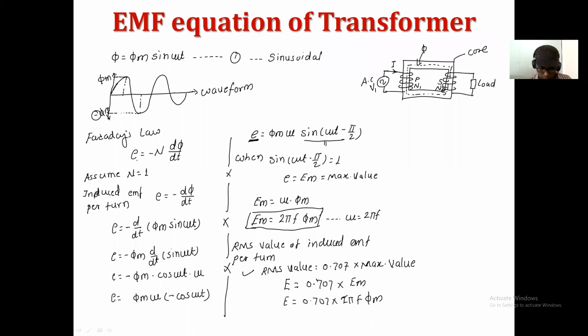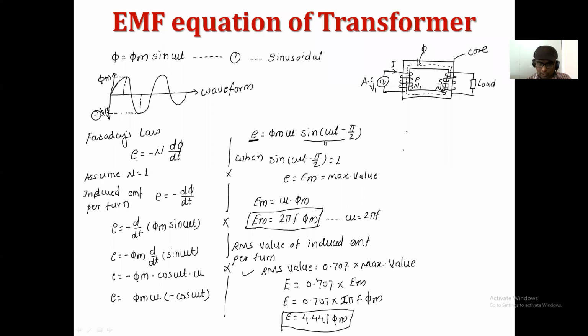If you do the calculation of 0.707 into 2 pi, you will get the RMS value of induced EMF per turn, which is nothing but 4.44 f phi m. आता हे जे काही इक्वेशन आपल्याला मिळालेलं आहे, हे इक्वेशन काय सांगतंय? This E stands for the RMS value of induced EMF per turn. म्हणजे एका टर्न मुळे तयार होणाऱ्या इंड्युस्ड EMF ची RMS व्हॅल्यू देत आहे.